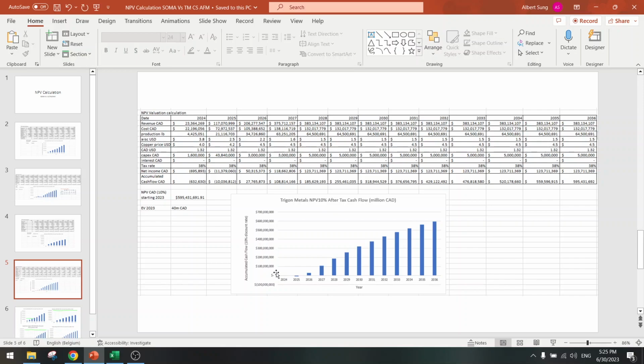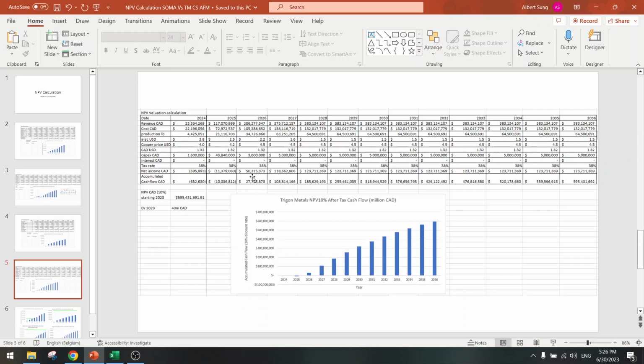It can go from 40 million. You just need to wait 2 years or so, and then it will start skyrocketing from 40 million to 500 million at least. It's a 10x even at 4.5 copper. These are the numbers. So check it out.